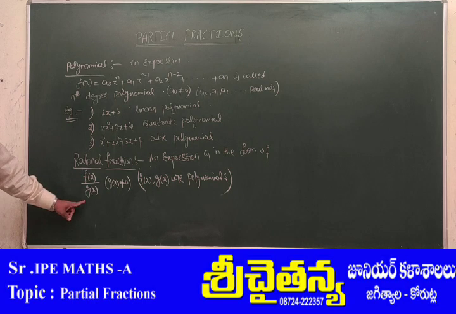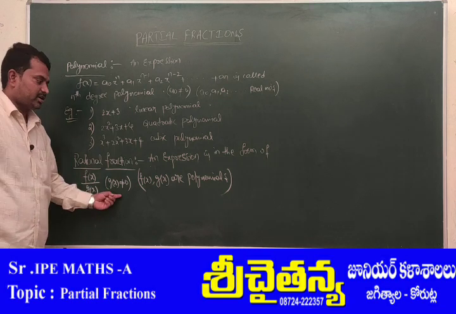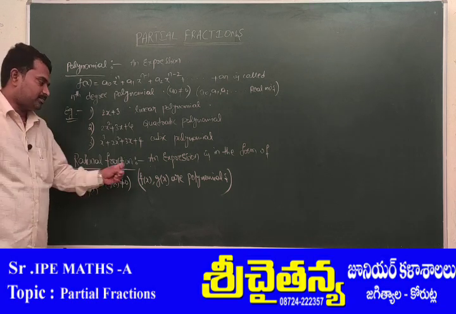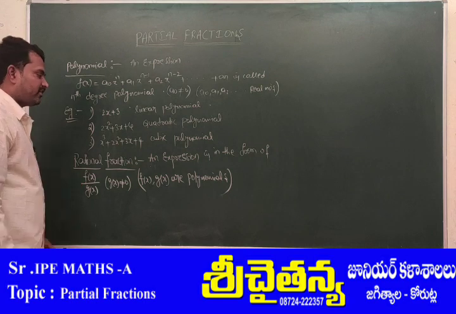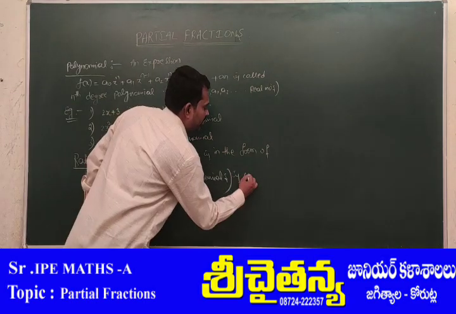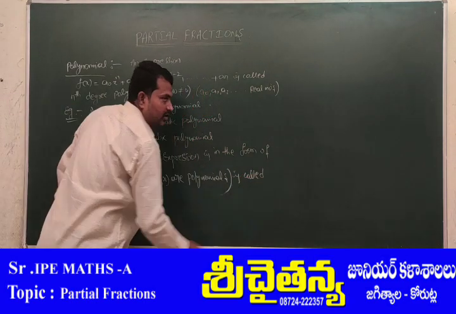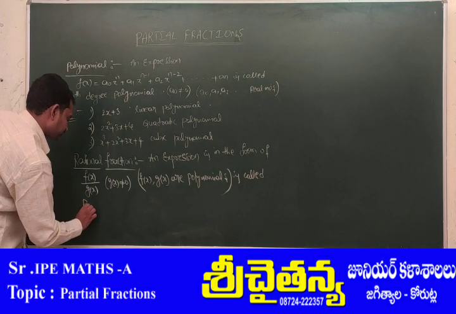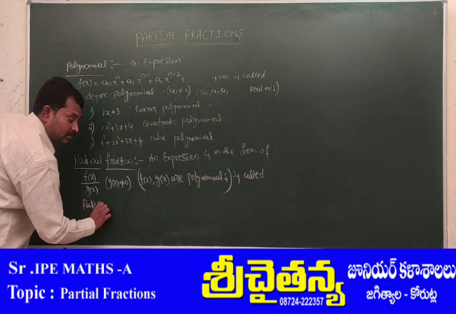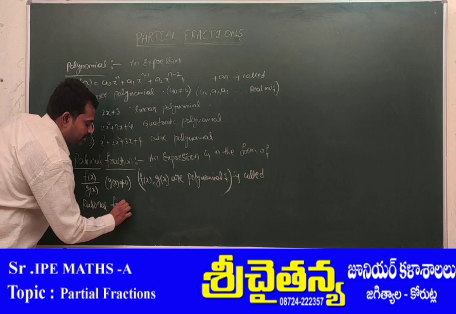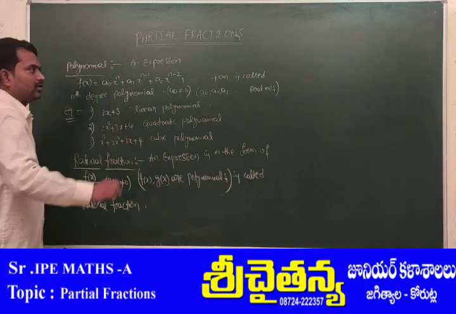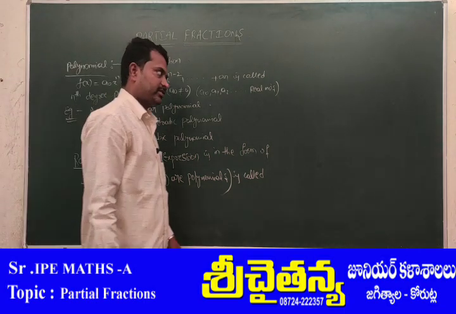These two must be polynomials, and g of x must be not equal to 0. Such an expression is called a rational fraction.